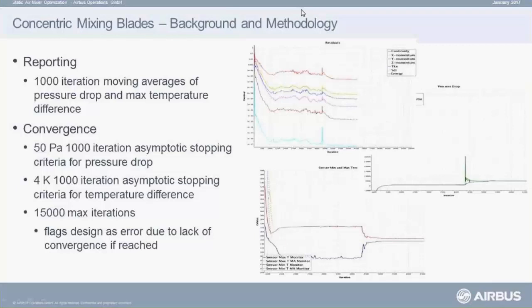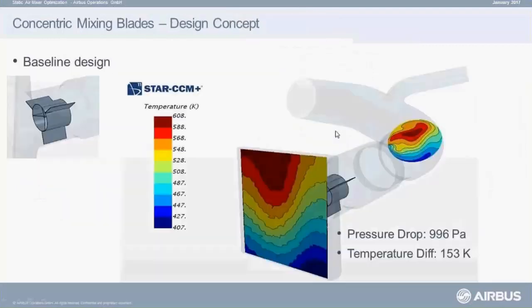When we look at the result of the baseline, you can already see that we have a strong temperature stratification. As I said before, it's cold in the bottom and hot in the upper part. And this stratification is also maintained further downstream.